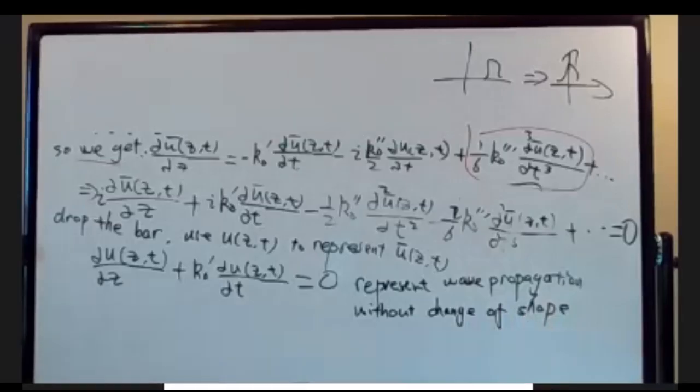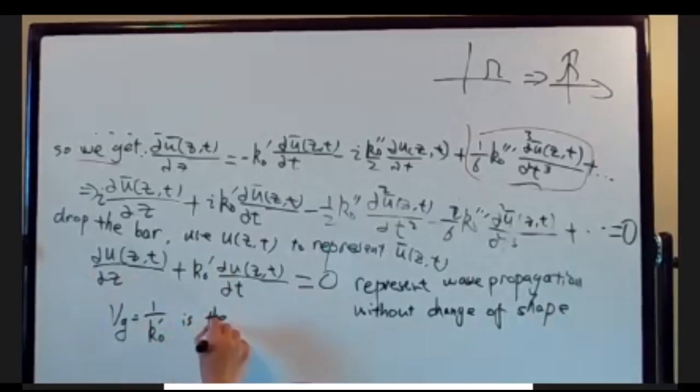If you were in my optics class, you would learn that du/dz plus k naught prime du/dt equals 0 is actually the wave propagation. And Vg, which is 1 over k naught prime, is the group velocity.